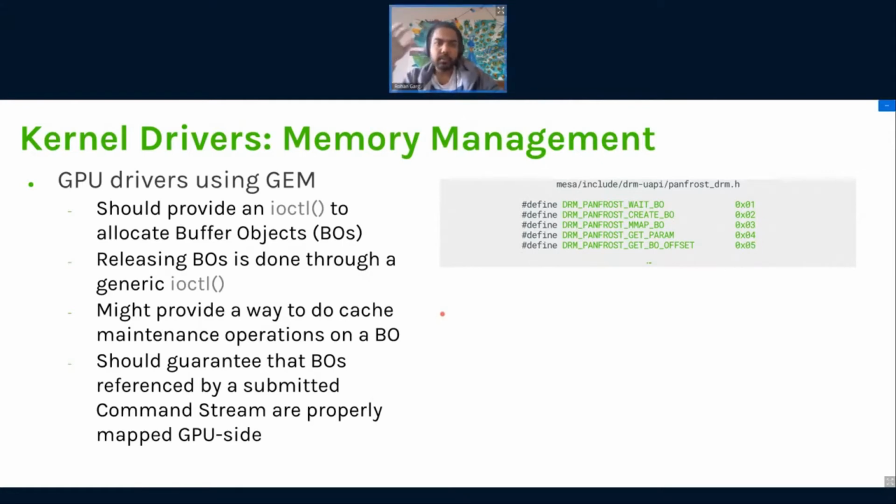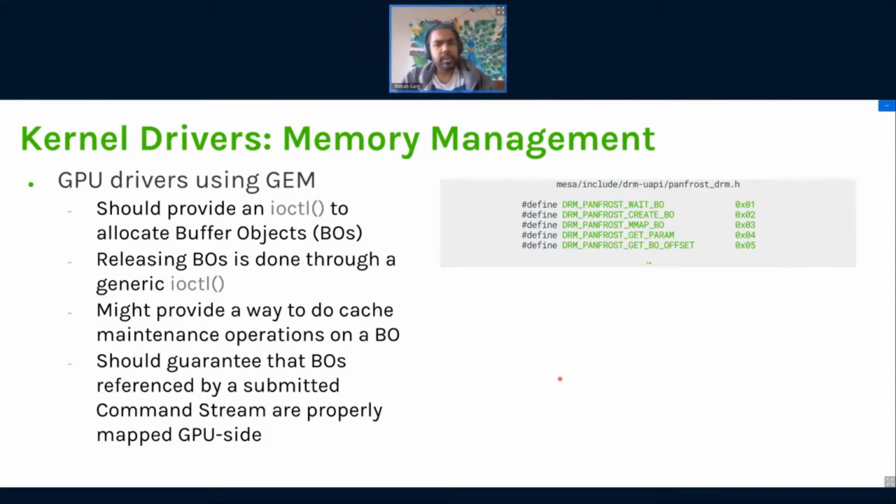GPU drivers using GEM expose ioctls to do memory management tasks such as allocating buffer objects, releasing buffer objects, mapping buffer objects into GPU memory, and so on and so forth.